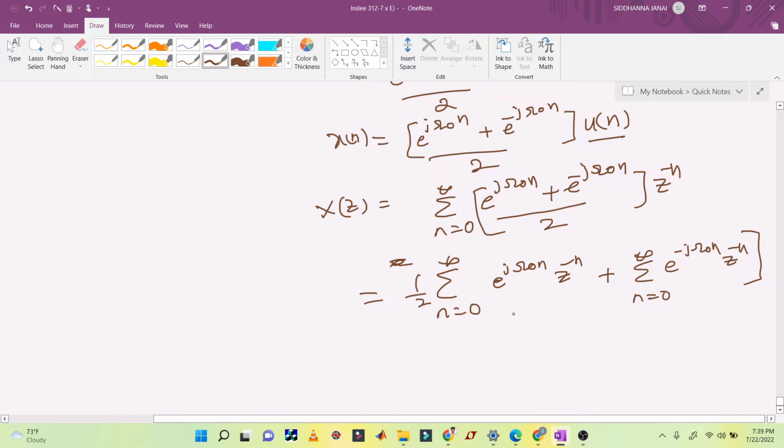Now this again we need to simplify, using e to the power j omega naught z inverse to the power n plus e to the power minus j omega naught z inverse to the power n. Summation remains the same.